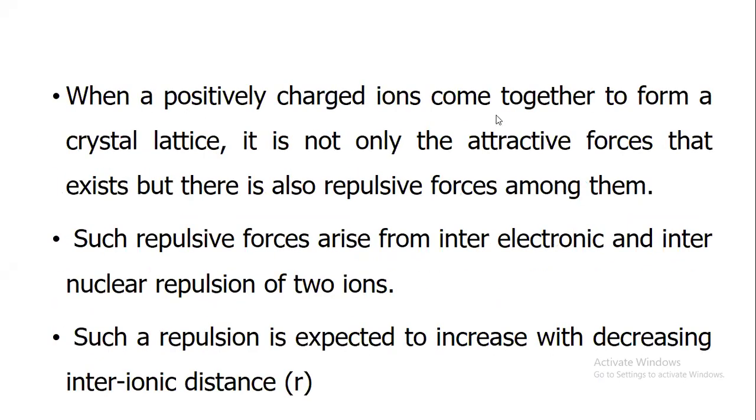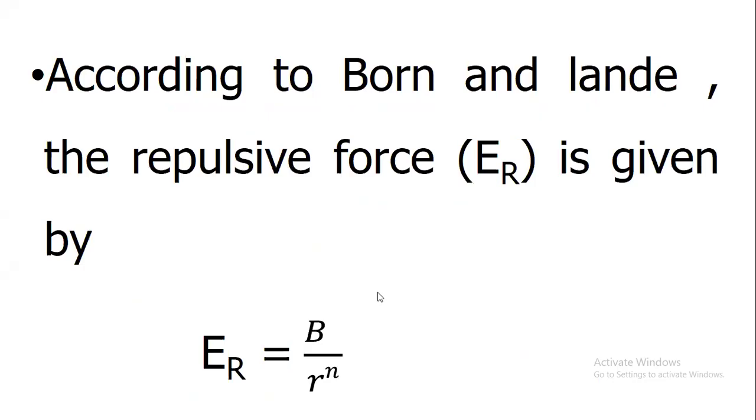When the positively and negatively charged ions come together to form a crystal lattice, it is not only the attractive force that exists, but there is also a repulsive force among them. Such repulsive force arises from the electronic and internuclear repulsion of the two ions. Such a repulsion is expected to increase with decreasing interionic distance r.